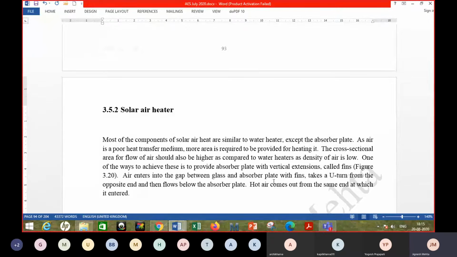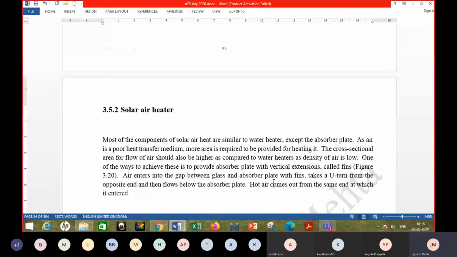So for certain applications, hot air may be required. The applications can be for drying purpose, or it can be for space heating purpose. Space heating means just the opposite of what we call air conditioning or air cooling. So you don't want to reduce the temperature of the room, but rather you want to increase the temperature.